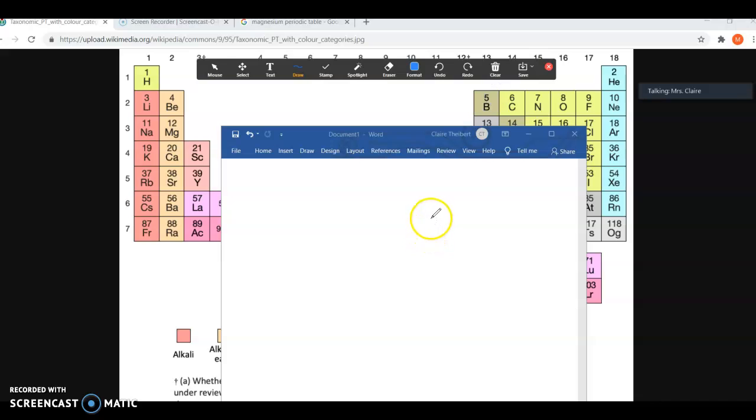Okay, for the next one, we only have 2 more, so you're doing really well. We have methane. Methane is going to be CH4. So we have carbon. If we look for carbon, we're going to see that there's 6. So carbon is 6, and we know that hydrogen is 1.